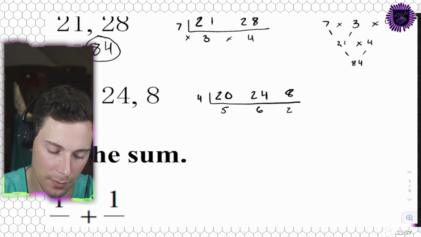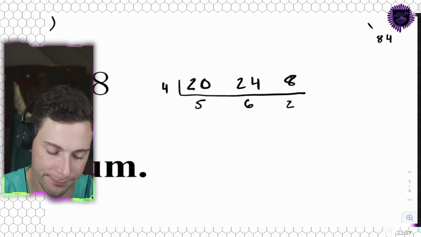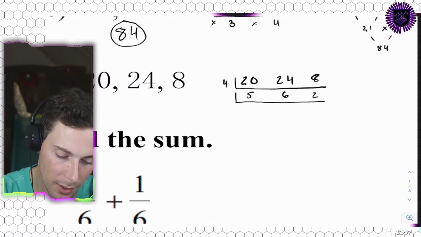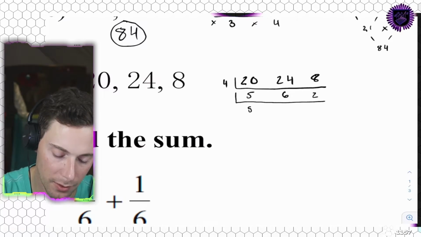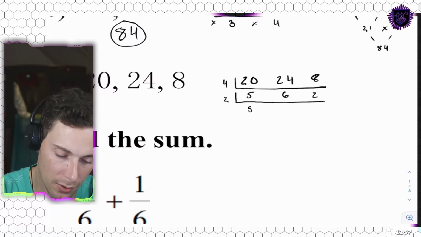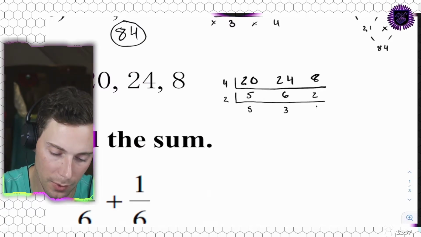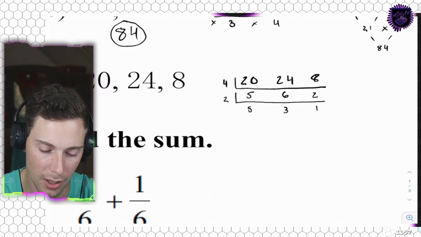I guess you could go. No. You could. So with this, you can go one step further and just drop the 5 down and then go 2, and then it's 3 and 1. It doesn't really change too much.